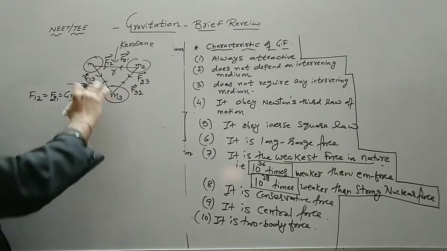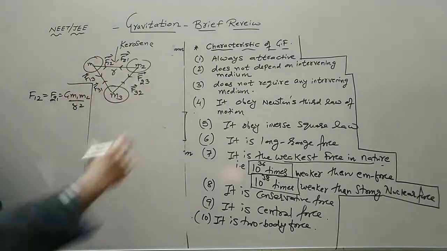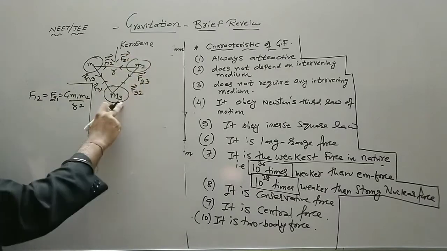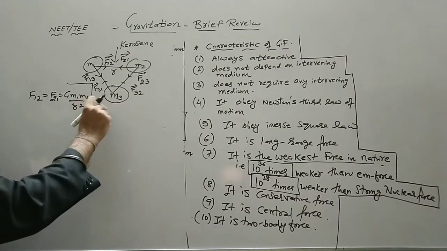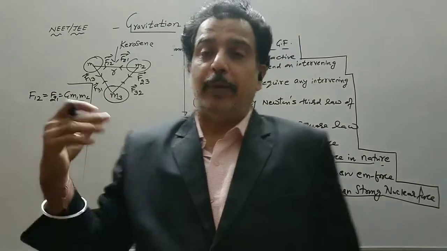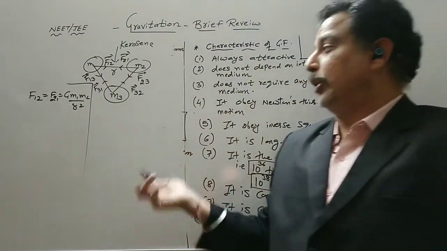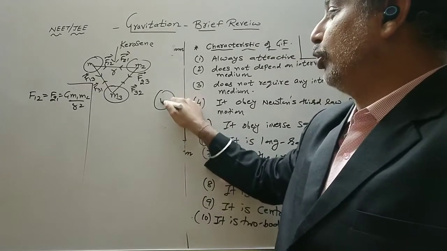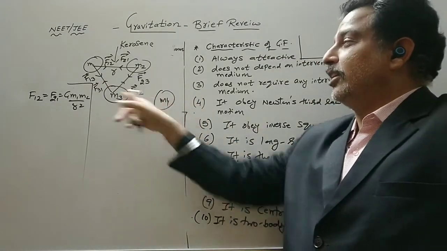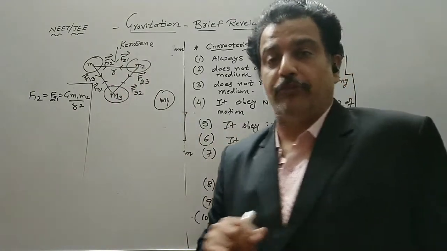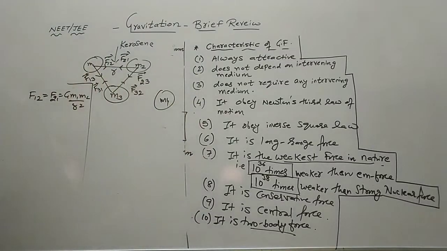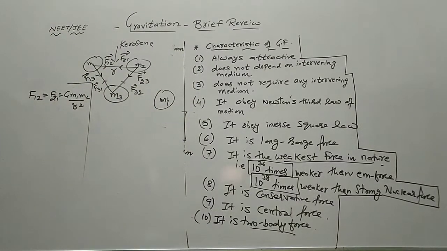So there is a force between M1 M2, M1 M3, M2 M3, and these individual values will not be affected by the presence of the other body. Now if I take a fourth body, say M4, then its presence does not change the magnitude of the forces acting between the two bodies. So it is called a two-body force.